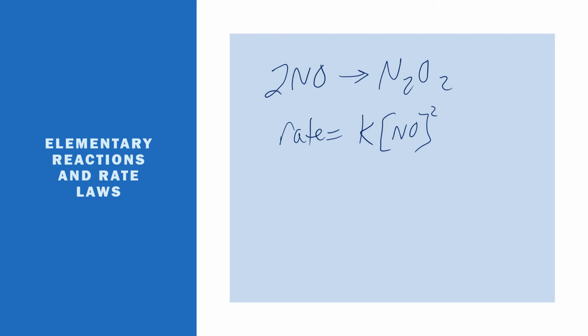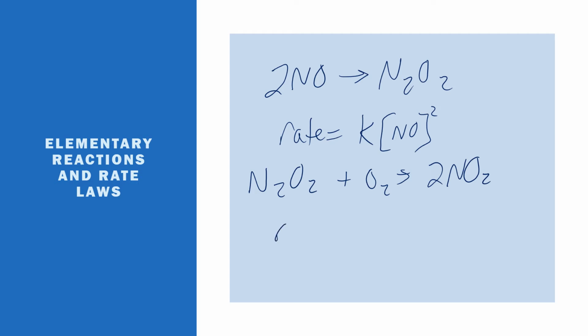Let's try another one. If I have N2O2 reacting with O2 to form 2NO2, that means the N2O2 molecule and the O2 molecule have to collide, and then they will form two NO2 molecules.